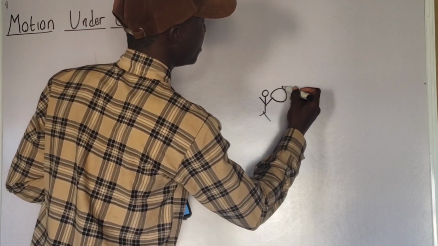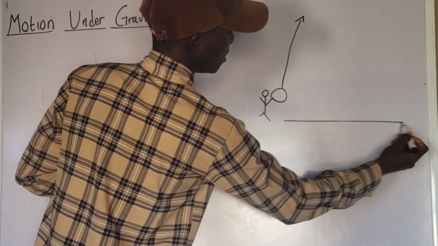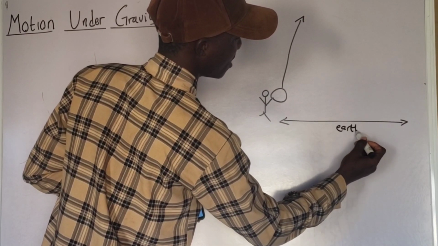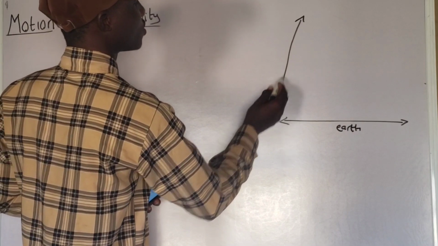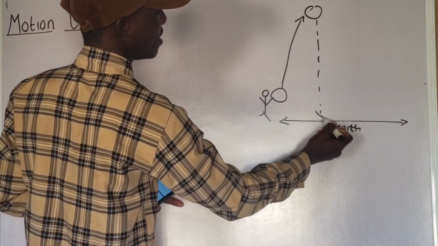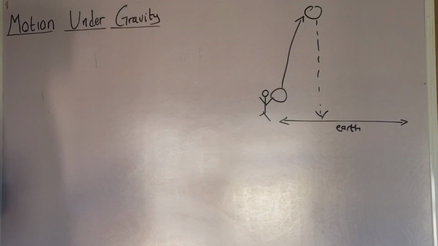Now this boy threw this ball upward. Let's say this is the earth. If this boy threw this ball upward, this ball will come down. Why? Because the ball will be acted upon by the force of gravity. The gravitational force of the earth is what causes the ball to come down.